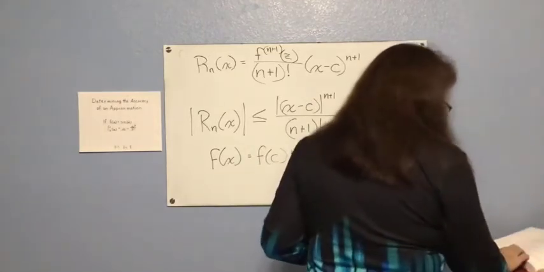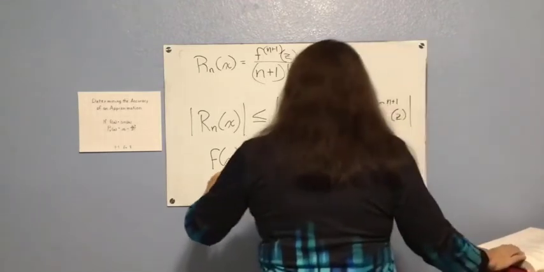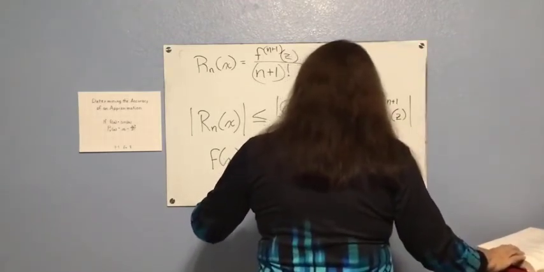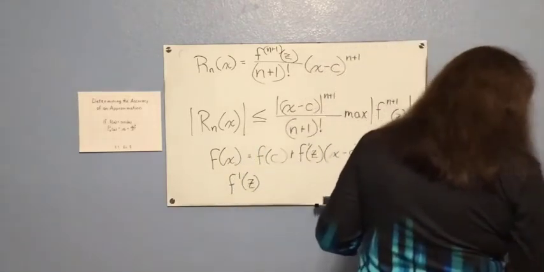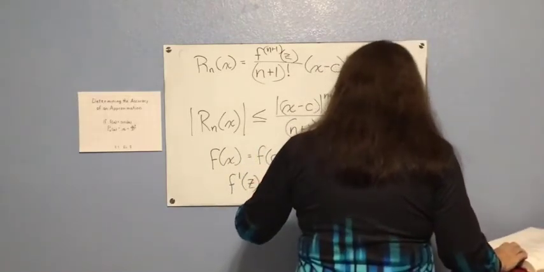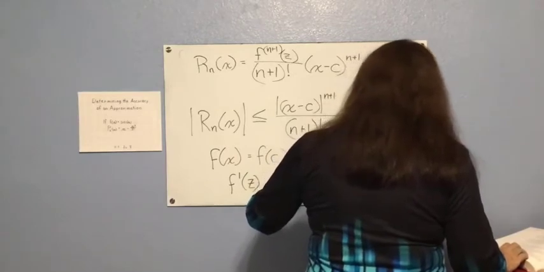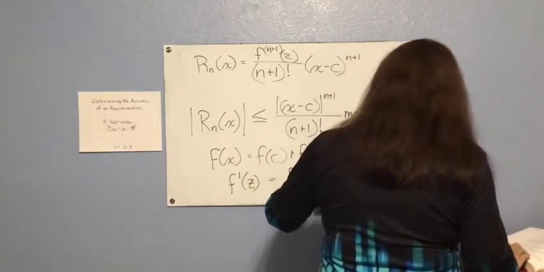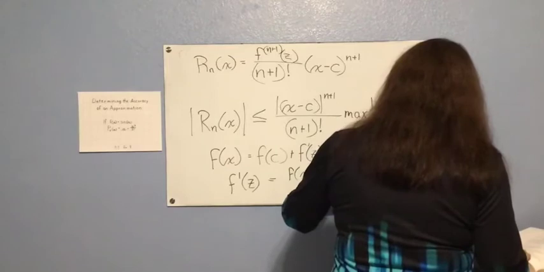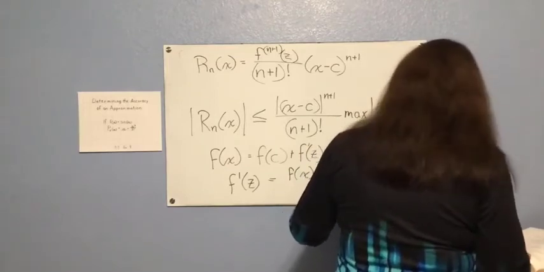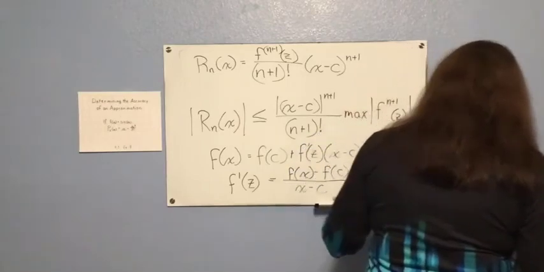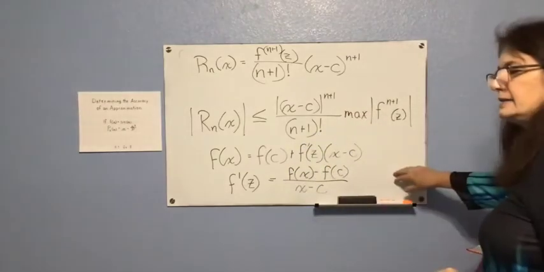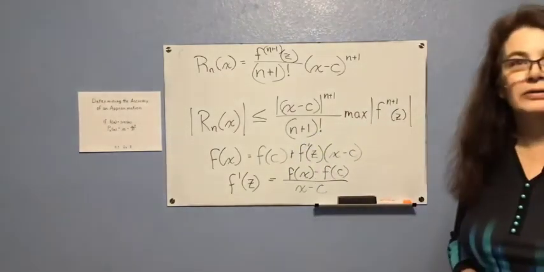Or we could rewrite this and say f prime of z is equal to f of x minus f of c divided by x minus c, which you might recognize as the mean value theorem.